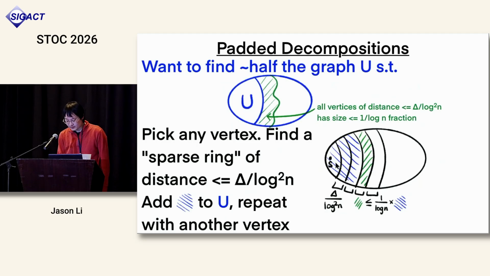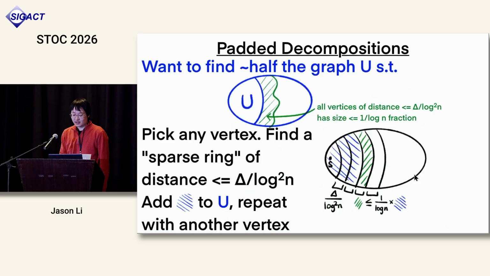How it works is you start from a vertex and you carve out rings of width delta over log squared n. We find the first layer whose size is less than 1 over log n times everything before it. This is what's called a sparse cut type argument.